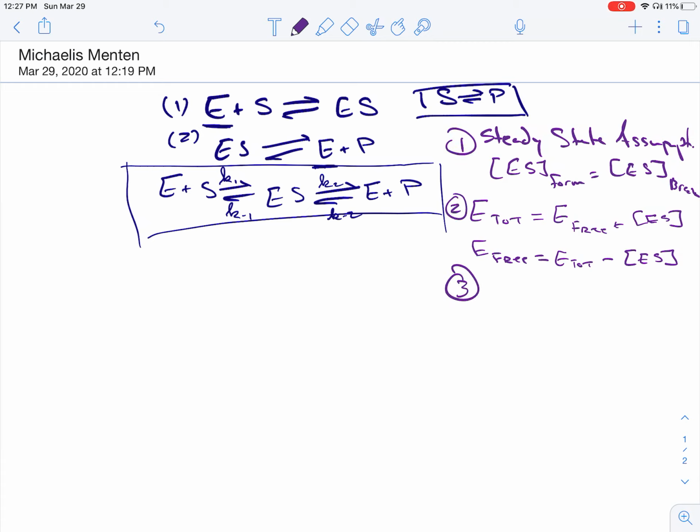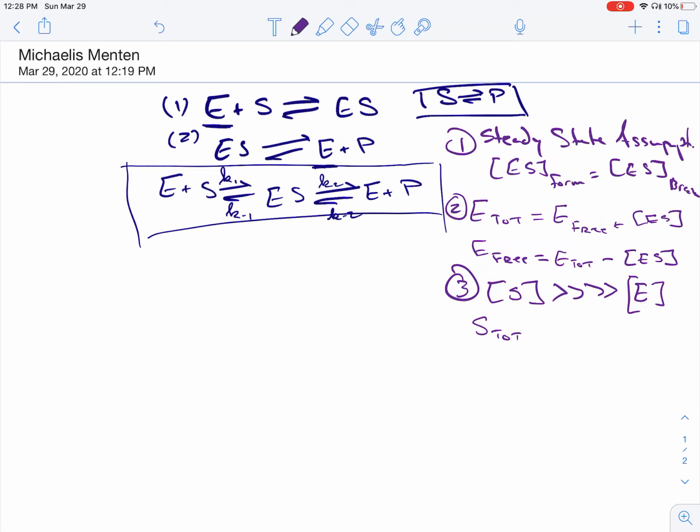The other thing that's kind of useful is this. We will say in general, the substrate concentration is much, much greater than the enzyme concentration. So we can make another assumption, which is that we don't have to do the same analysis in 2 for substrate concentration.